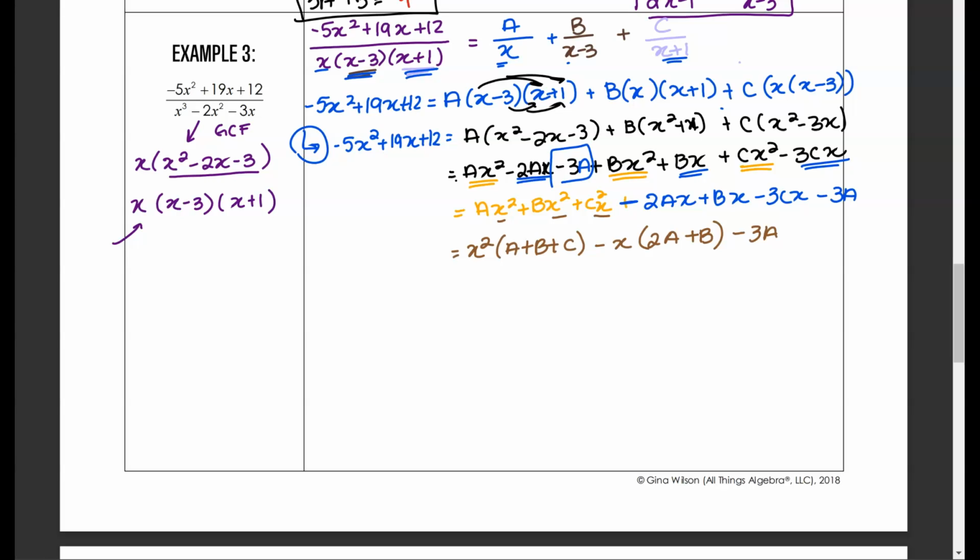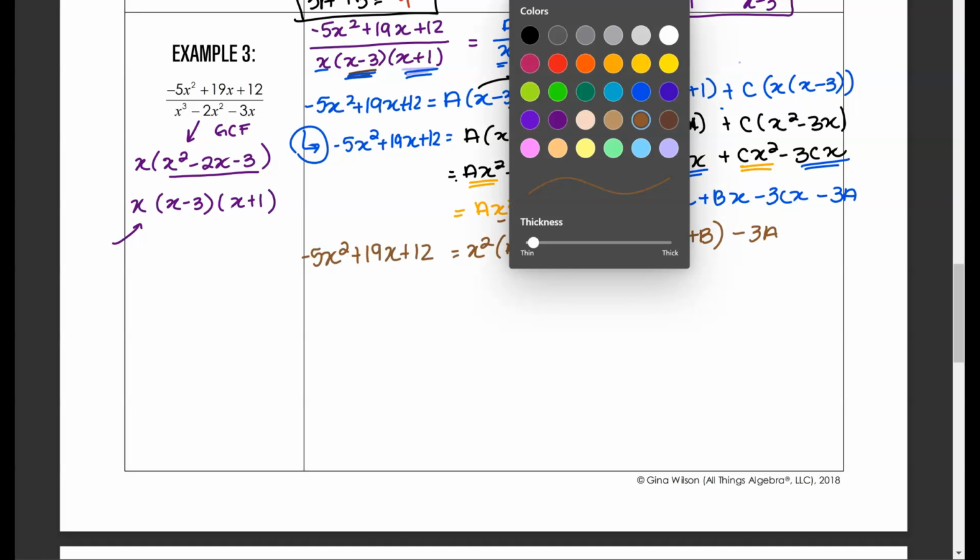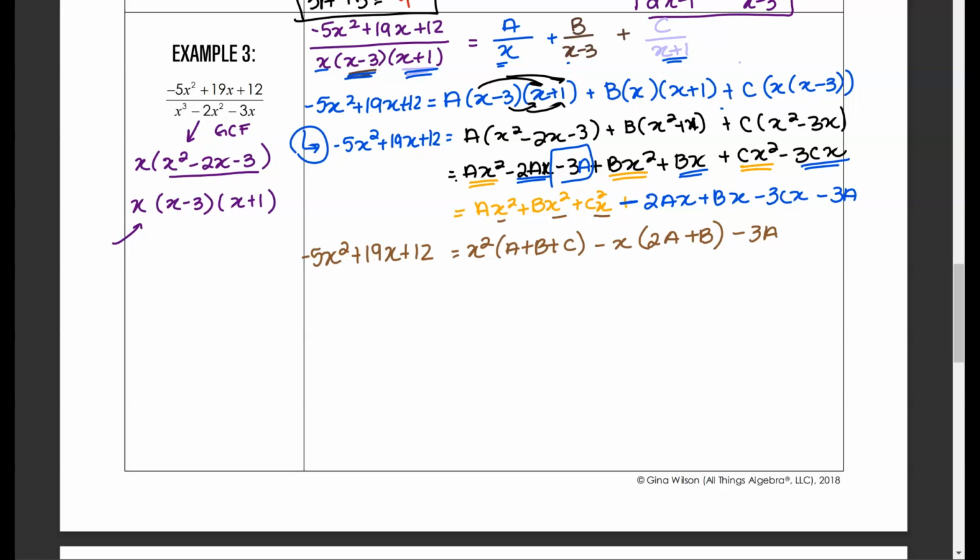So now we're comparing this to the left-hand side so that we can write our equations. So for our system, notice in front of the x squared is that negative 5. So a plus b plus c must equal negative 5.